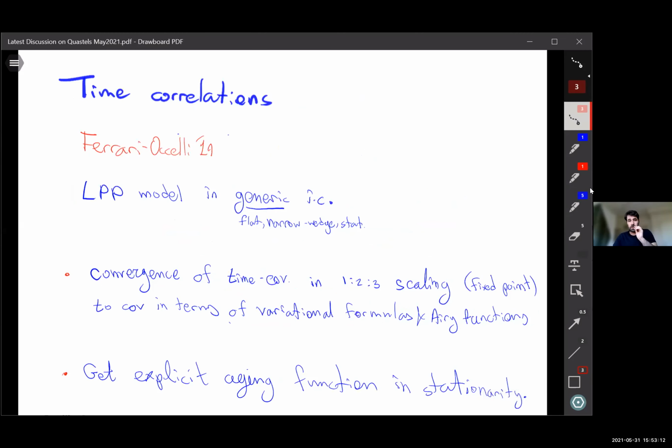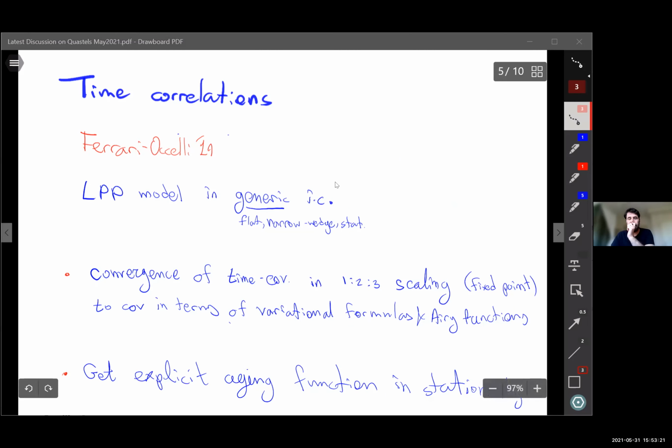And now regarding time correlation. So I see a question in the chat, but okay, I will get to that later.